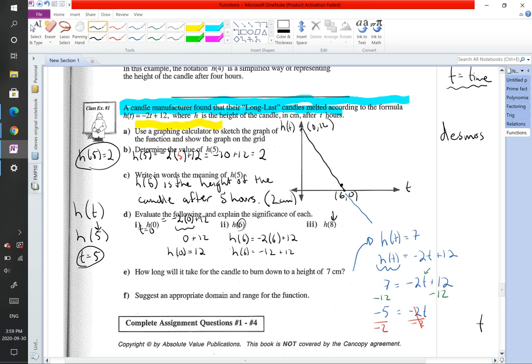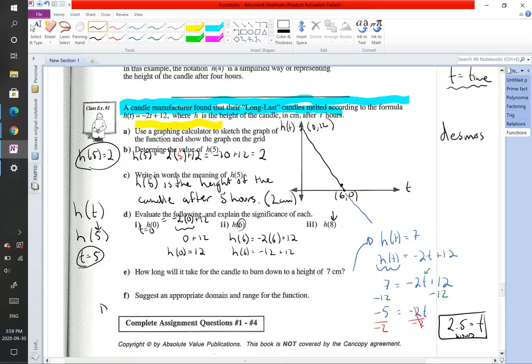And I'm left with t on that side. And then -5 divided by -2 is positive 2.5. That means it's going to take 2.5 hours for the candle to burn down to a height of 7 centimeters. Hopefully that makes sense.